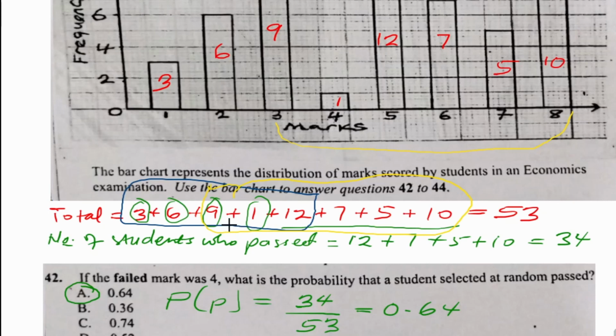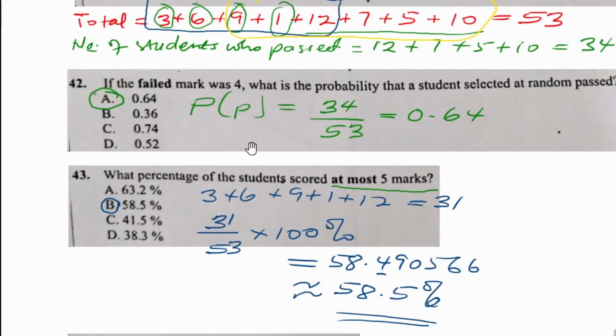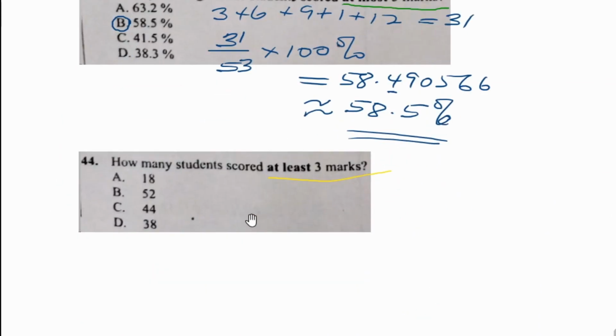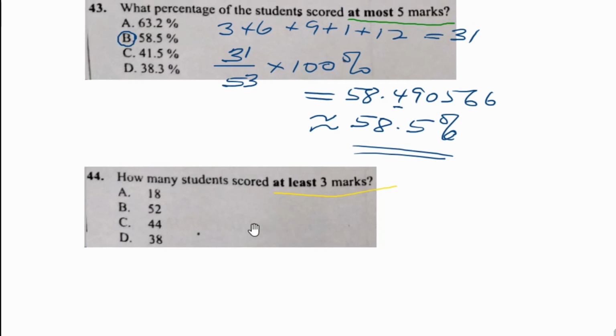Or simply put, we just subtract 9 from 53, and that gives us 44, or anyhow you want to put it, but it's just 44. So the number of students who scored at least 3 marks, I don't think we need to calculate that again. That is 44, which is option C.